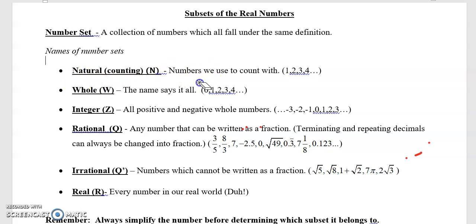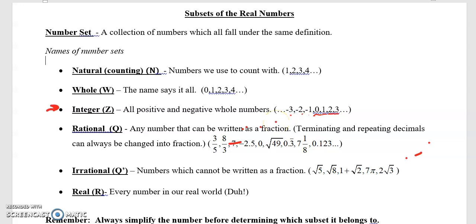The next subset that we want to look at is something called an integer. An integer is all of the whole numbers, 0, 1, 2, 3, 4, 5, and so on, but they also include the negative values, -1, -2, -3, -4, and so on.